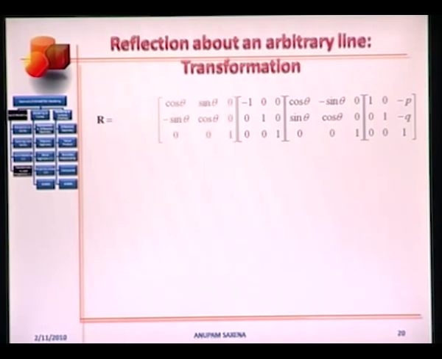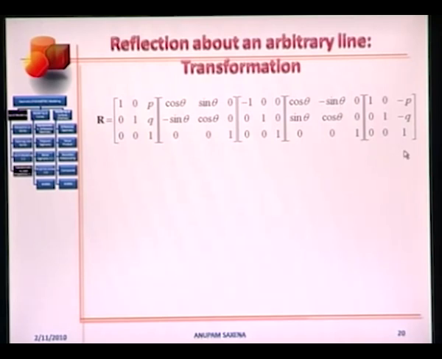The fourth is the inverse rotation matrix. Note here that I have used minus theta instead of theta. So there is a corresponding change in sign, in the sign terms. And the fifth matrix is the inverse translation matrix.